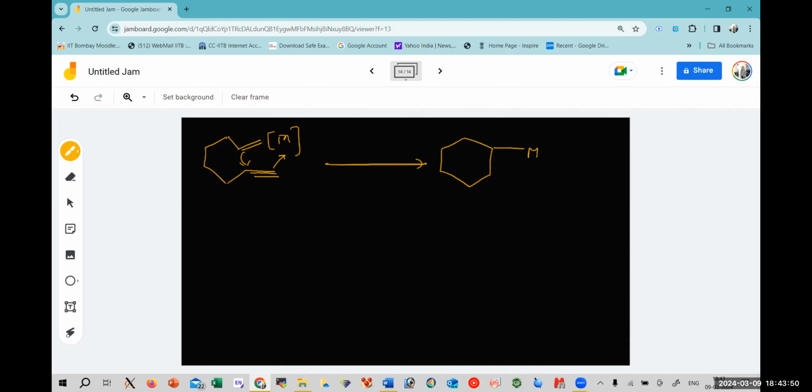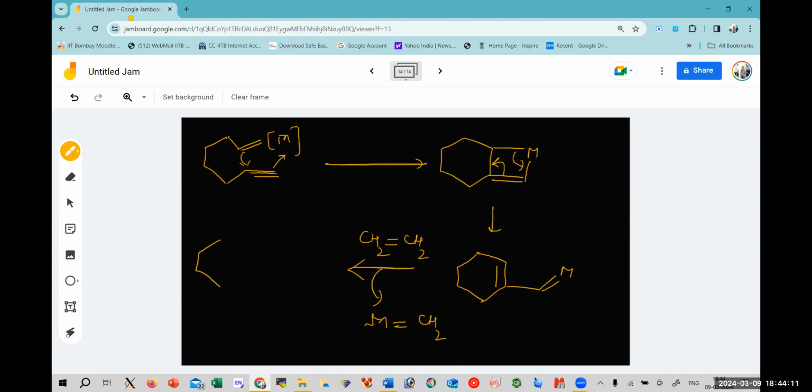Here it is M, so it's a double bond like this. Now again rearrangement would lead to cyclizing your product, giving M, and after reacting it with the product that we have used earlier, it would give you M=CH2 catalyst, which is regenerated, and this is your product.